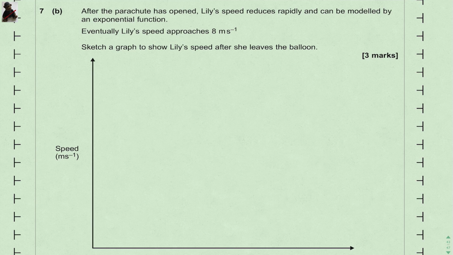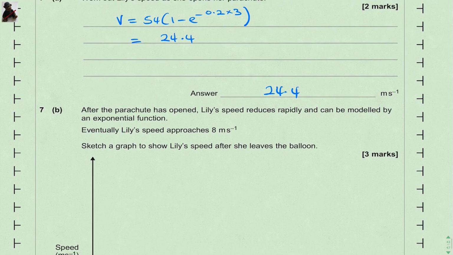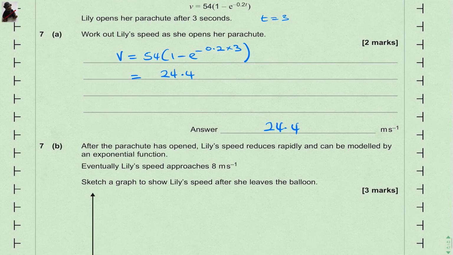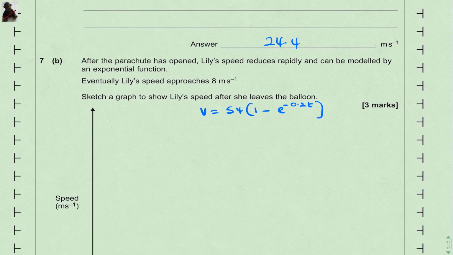If we recollect, the velocity we're using is v equals 54 into bracket 1 minus e to minus 0.2t, close bracket.